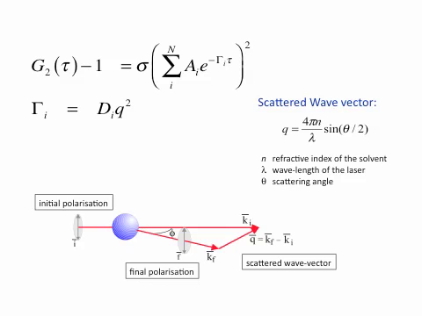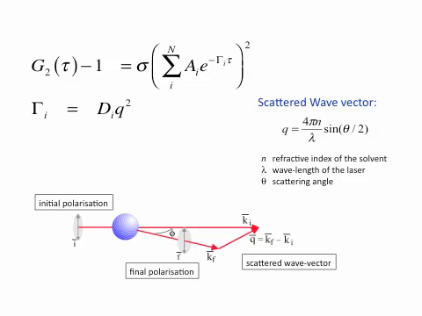If you take that term and isolate it, you get the diffusion coefficient times the square of the scattered wave vector. The scattered wave vector you know, because what you need to know is the refractive index of the solvent, so you can look it up if it's water. You need to know the scattering angle, which means the angle at which you have your detector, which is known.